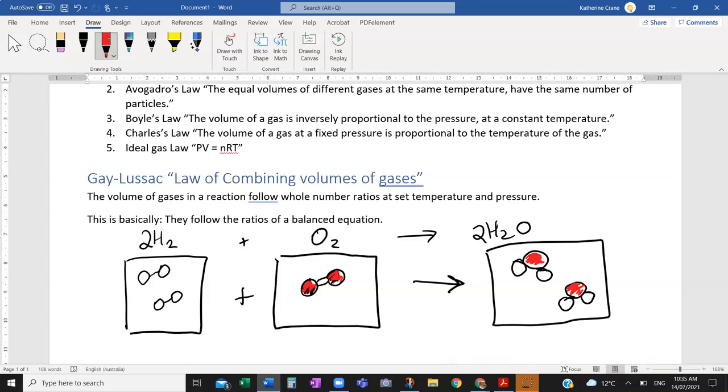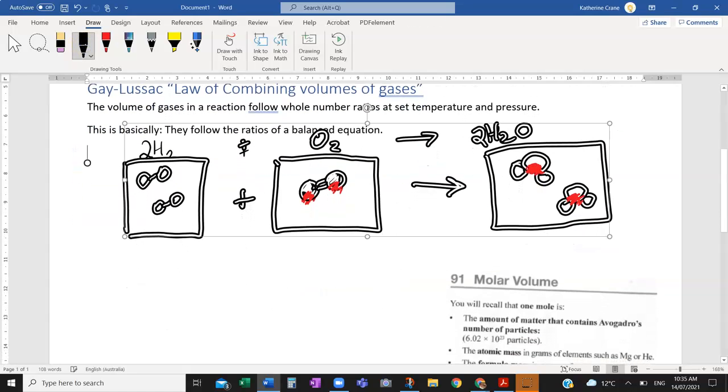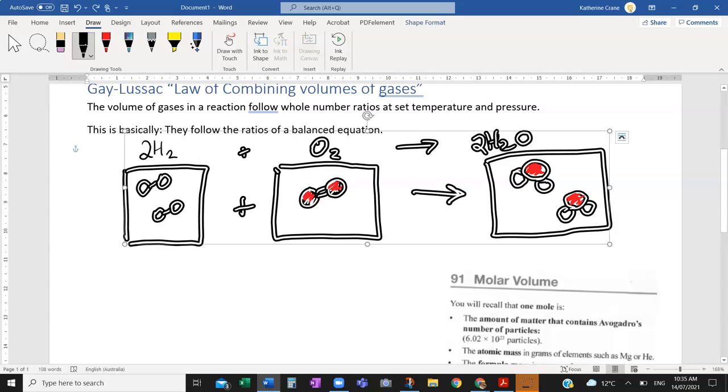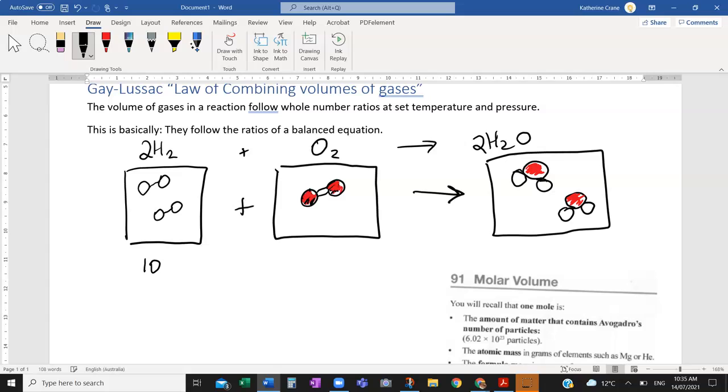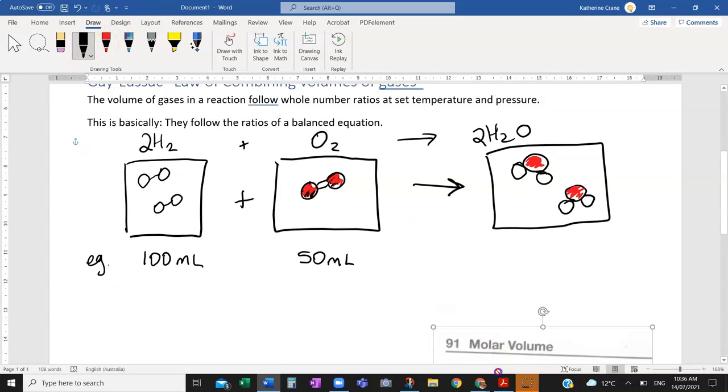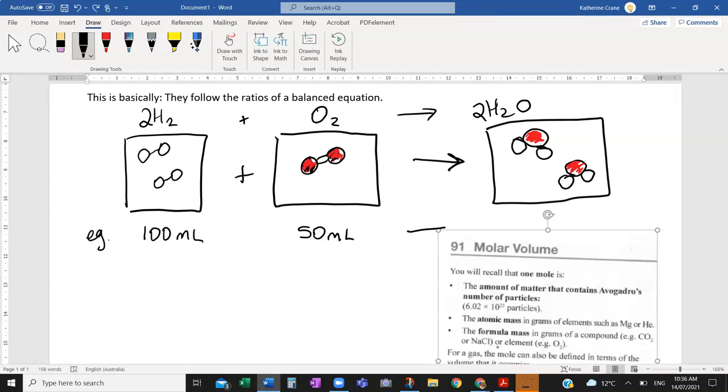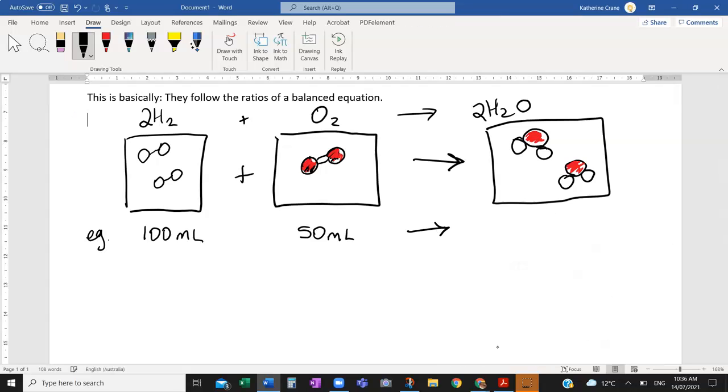So what Gay-Lussac actually observed is that if he had 100 mils of hydrogen gas, it would take half that amount, 50 mils of oxygen gas, and he would make 100 mils of water as a gas.